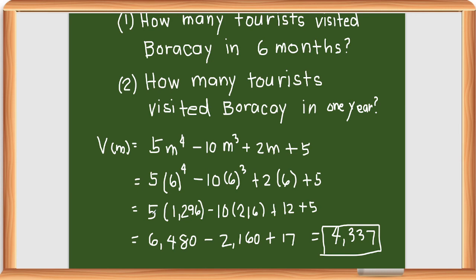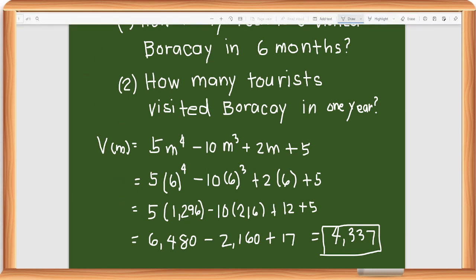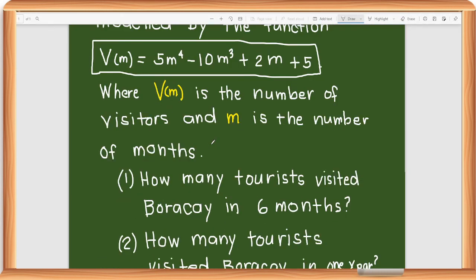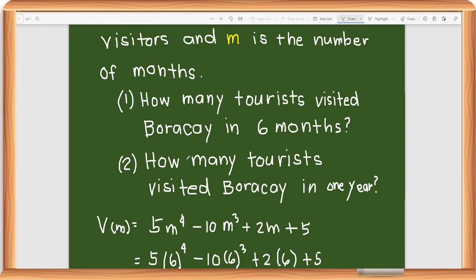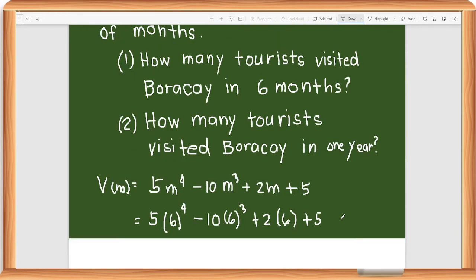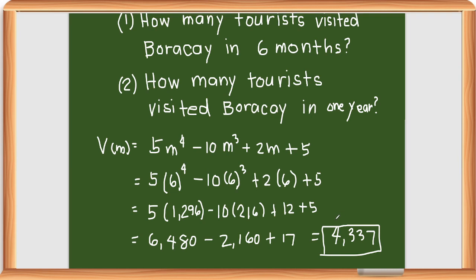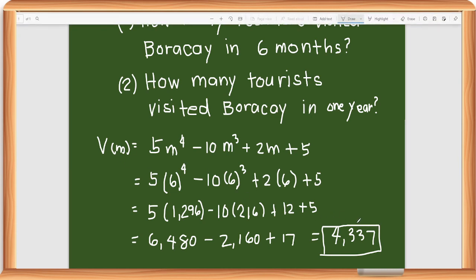Okay. So we have answered the first question. The second question: how many tourists visited Boracay in 1 year? What others will do, since this is 6 months, is just multiply by 2, which is wrong.